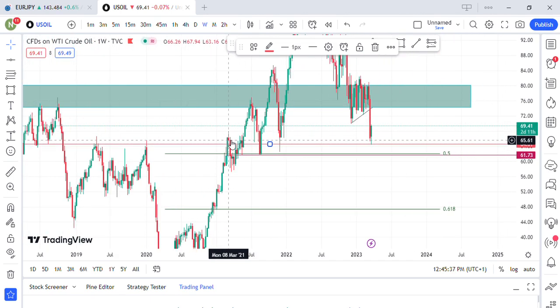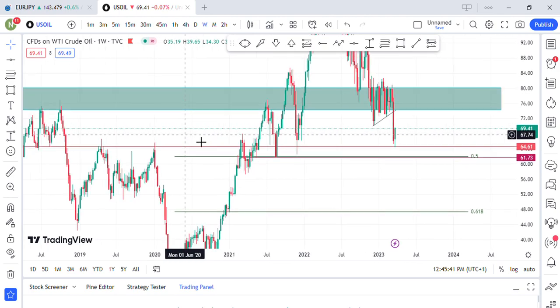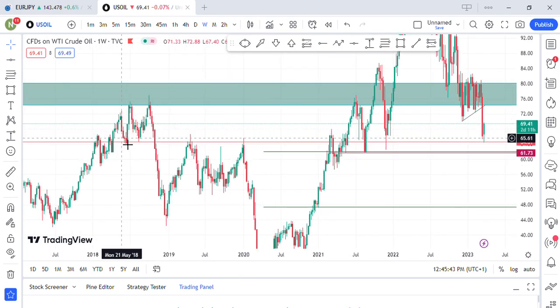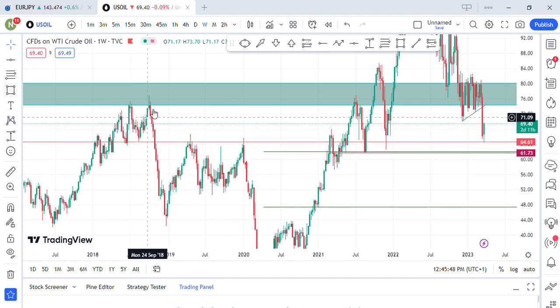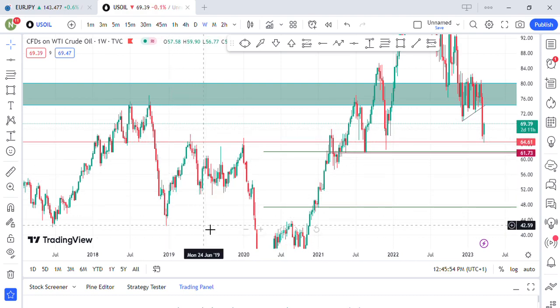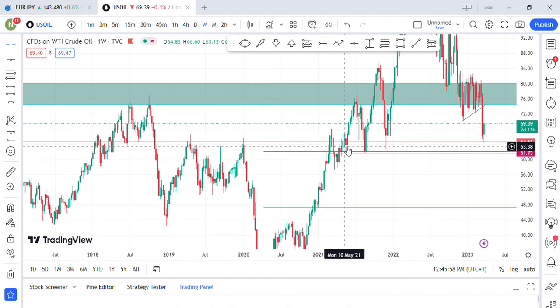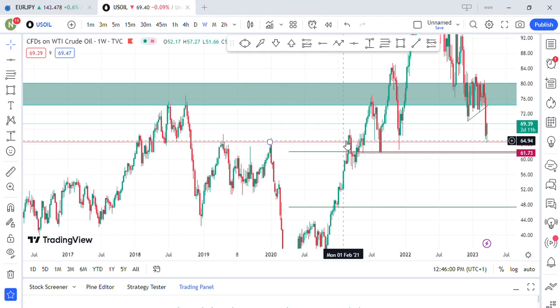This is a minor zone. The market reacted here. The market tried selling off at this zone, was basically reacting, pushing the market out. Eventually the market broke, and even when it broke, it came back to retest this zone. So this zone is a minor zone which the market has actually been retesting.